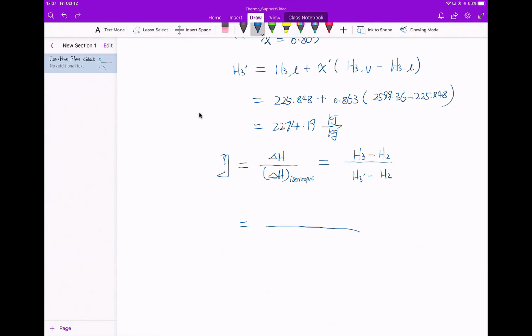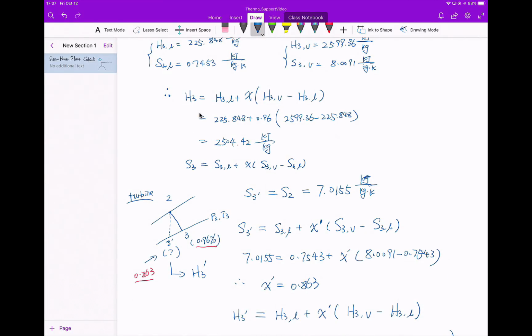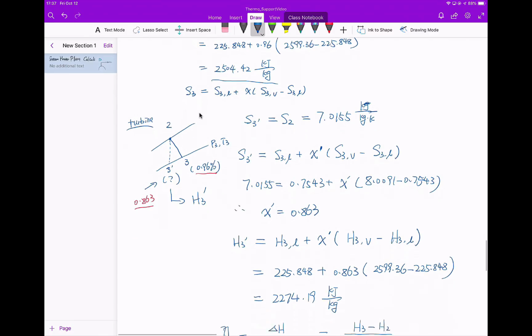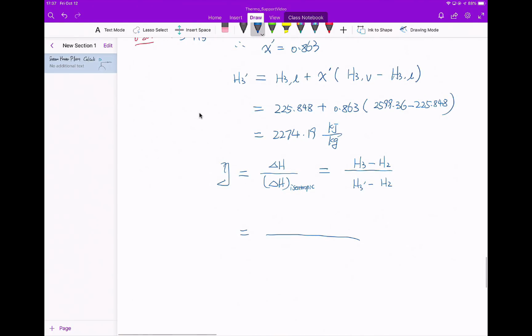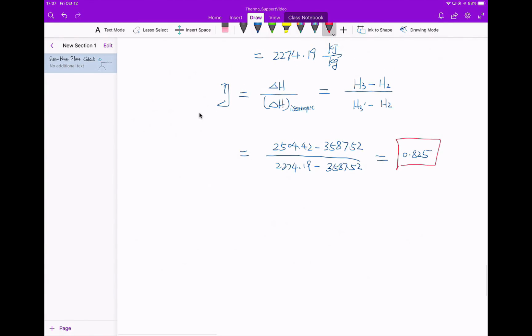H3 is from the calculation over here. Now H2 is from the reading. H3 prime we just finished calculating. So that is, we have the efficiency is. That is the efficiency of the turbine. Okay.